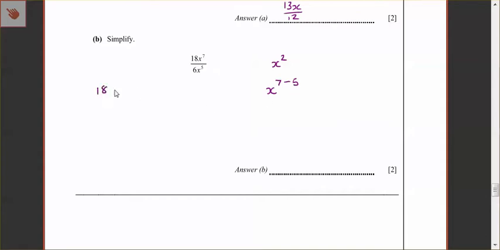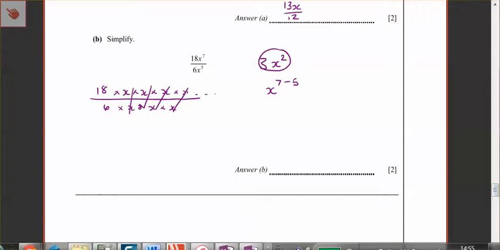Because it's 18 times x times x times x and so on, all over 6 times x times x times x. So the ones on the bottom cancel with the ones on the top. So 5 of them cancel with 5 of the 7. It leaves the 2. Well, what about 18 over 6? What does that simplify to? 3. So we would actually have 3x squared. Okay? So not on your test, but good.